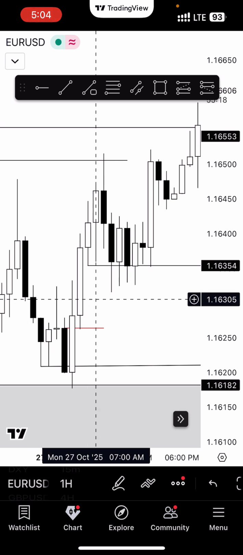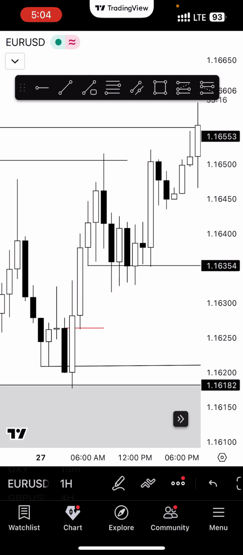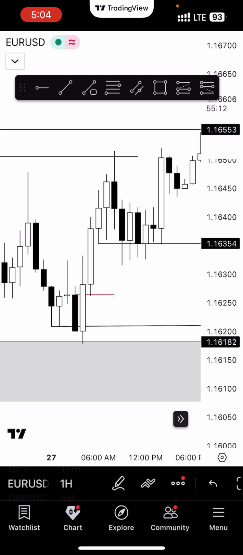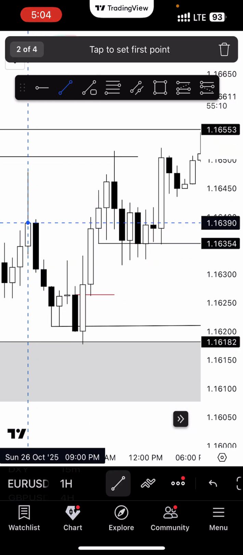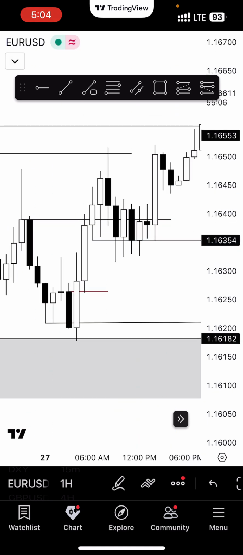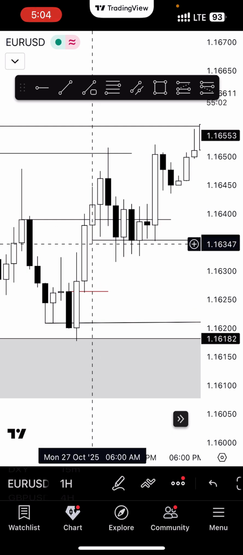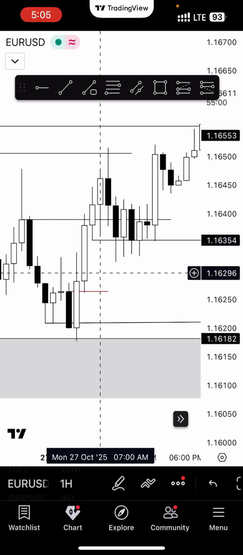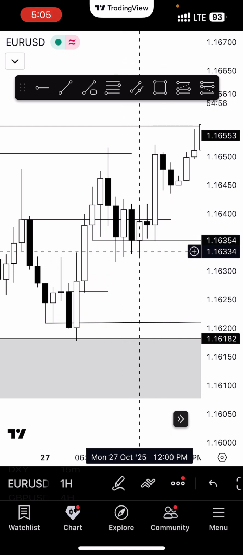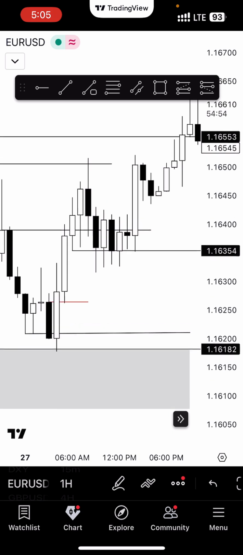We have this low coupled with this fair value gap, coupled with this breaker block right here. So I was expecting price to give some sort of reaction as a KOD on the 1 hour time frame to complete this whole move.